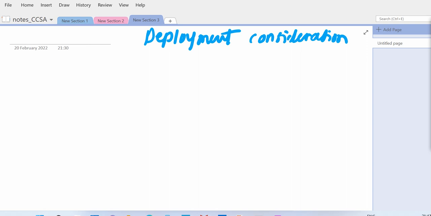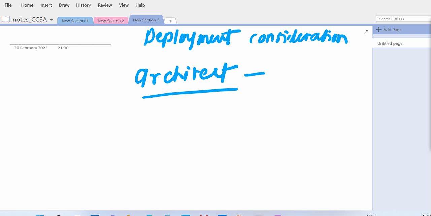Basically, based on the architecture, or the architect's decision in your organization, we design the network. The network designing is done based on the architect's decision.